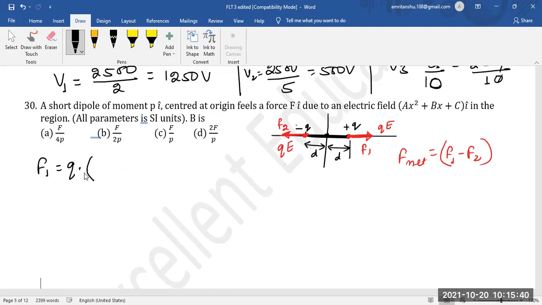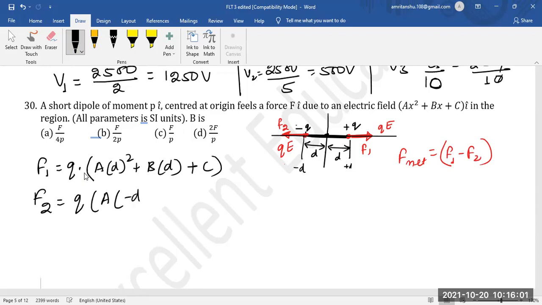So this is going to be plus D and this is going to be minus D. So we'll put the values of X over here for F1. It is going to be Q into A D whole square plus B into D plus C. Similarly we find out F2. It will be Q into A minus D whole square, B minus D plus C.